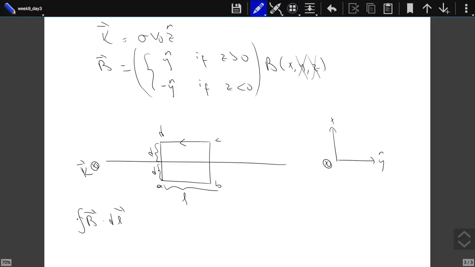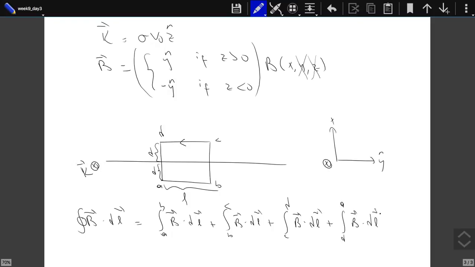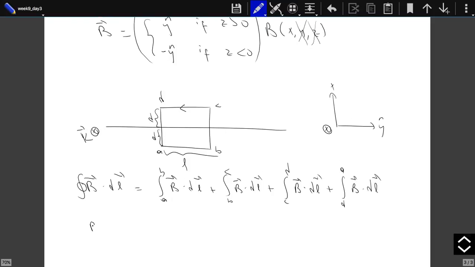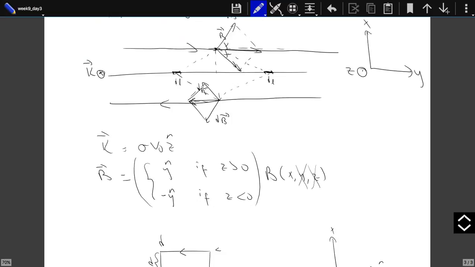The integral of B dot dl around this loop will be equal to the integral from A to B of B dot dl, from B to C, B dot dl, from C to D, B dot dl, and from D to A, B dot dl. And we know that B is Bx, it depends on x, let's say plus or minus, depending on where we are. No, sorry, this is not z, this is x.